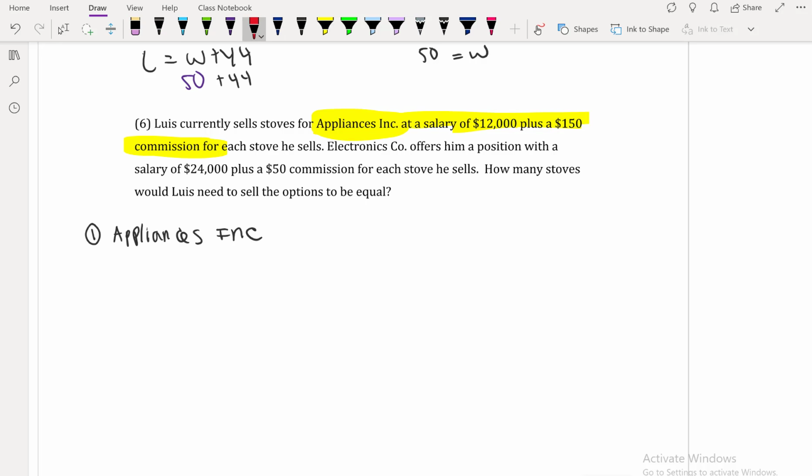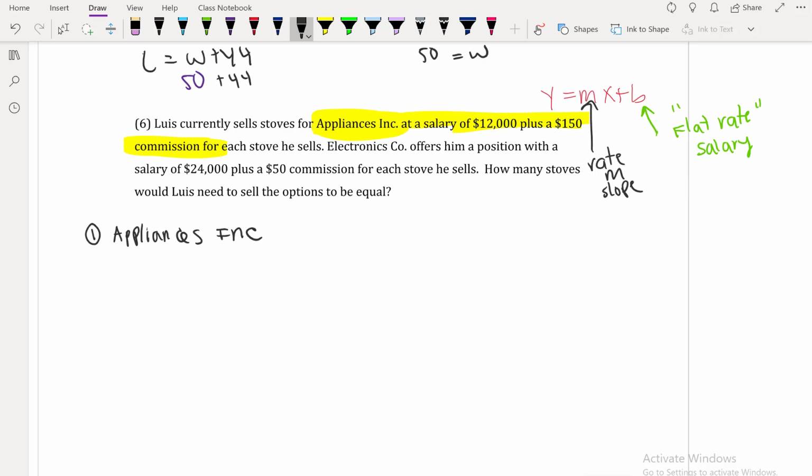Remember that we have a linear equation. A linear equation is usually y is equal to mx plus b, where b represents your flat rate. In this case you can think of it as your salary. And here your m value is your rate, or your slope.